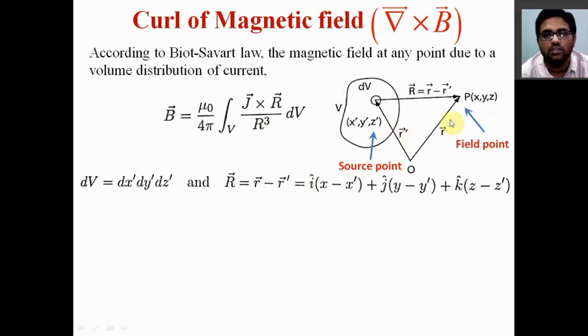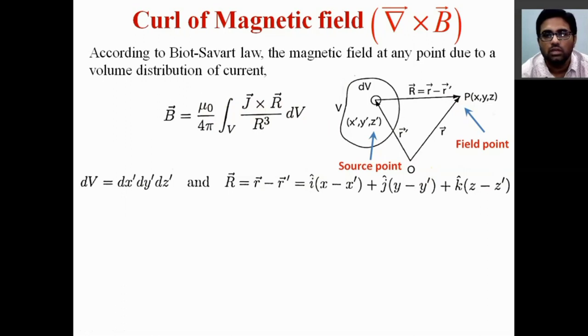Here R is the vector from the volume current element to the point of observation P. So here this is called source point and the P point where the magnetic field will be calculated is called field point, and O is the origin. Okay, and here mu naught is called free space permeability.